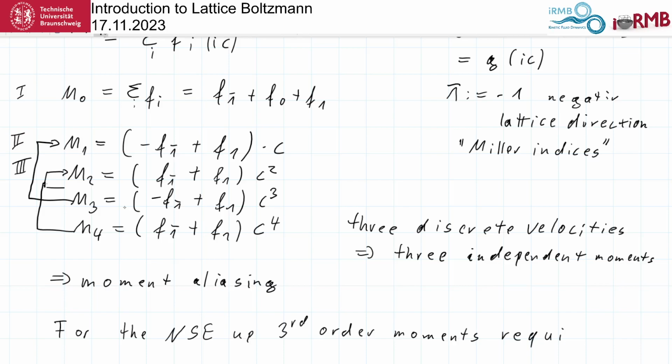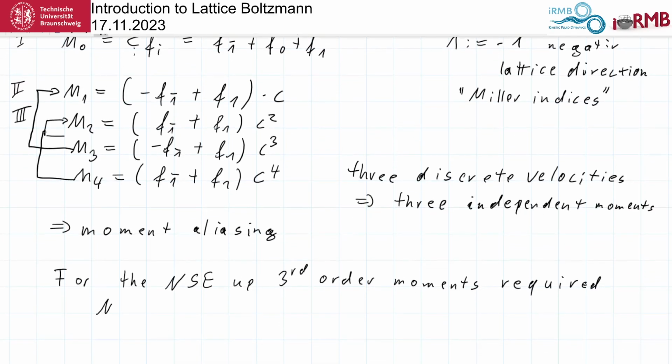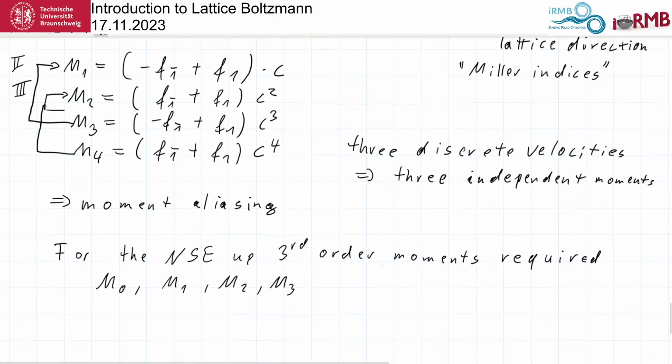But do we have up to third order moments? No, because unfortunately we start counting with 0. So there's 1 missing. We would have M0, M1, M2, and M3. This is what we usually would need.